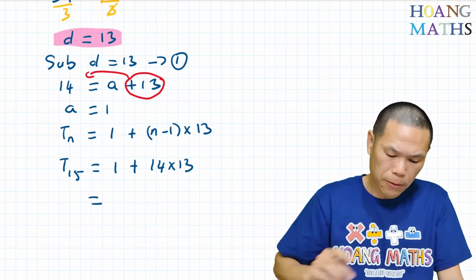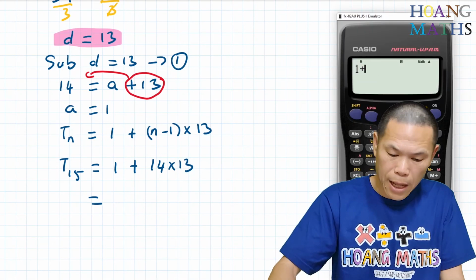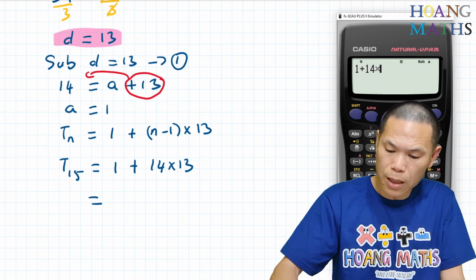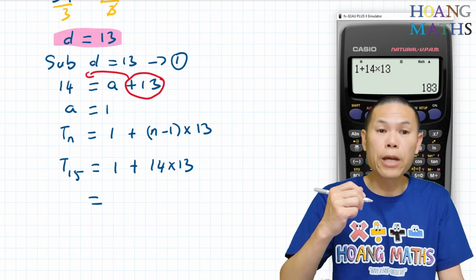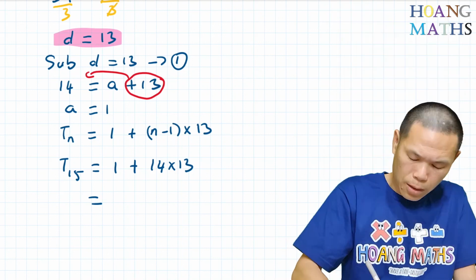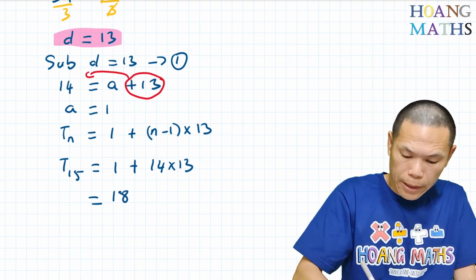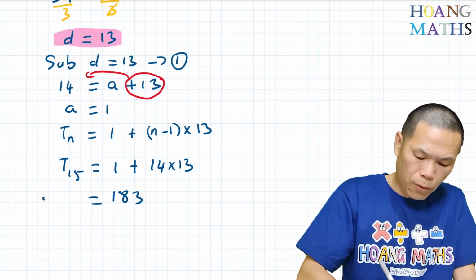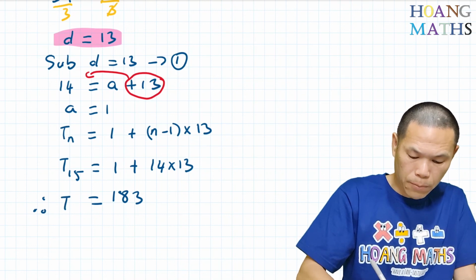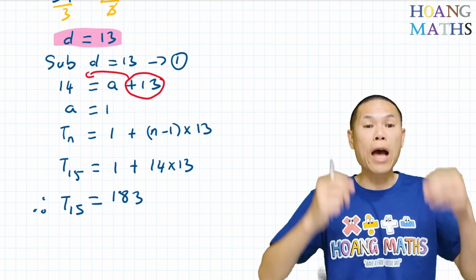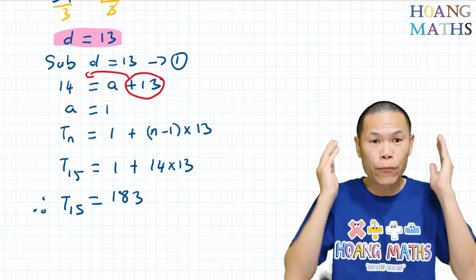That should give me 1 plus 14 times 13. So there you go, 183. Therefore, term 15 is equal to 183.